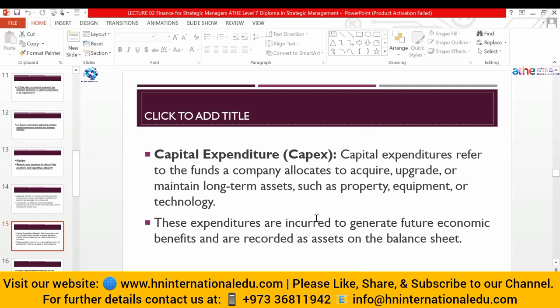Like you buy a house, but you cannot keep it empty all the time. You need to hire people for it, for the security and for the cleaning purposes. Otherwise, it will be depreciating its value. These expenditures are incurred to generate future economic benefits and are recorded as assets on the balance sheet. Now, balance sheet is actually now an obsolete word.